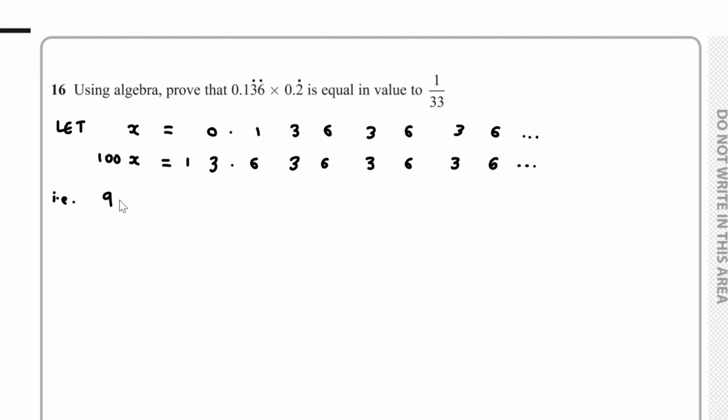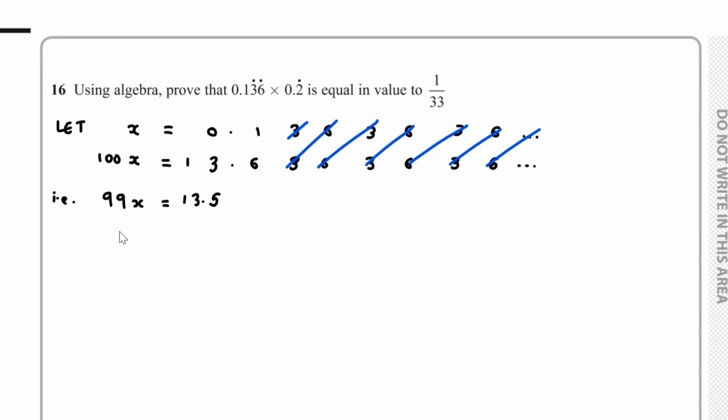So we have 99x equals, well, if I subtract these, you can see hopefully these values cancel out. We are left with 13.6 take away 0.1, which is 13.5.